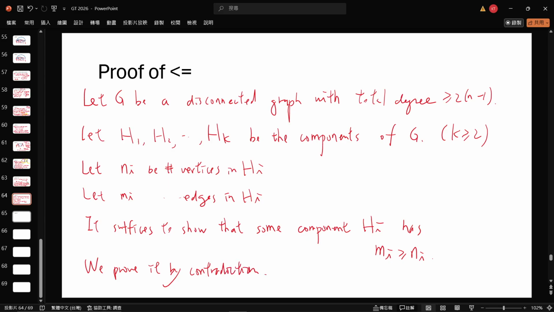In other words, we're going to assume that we cannot find such a component Hi. In other words, for every component, the number of edges is at most Ni minus 1, okay?